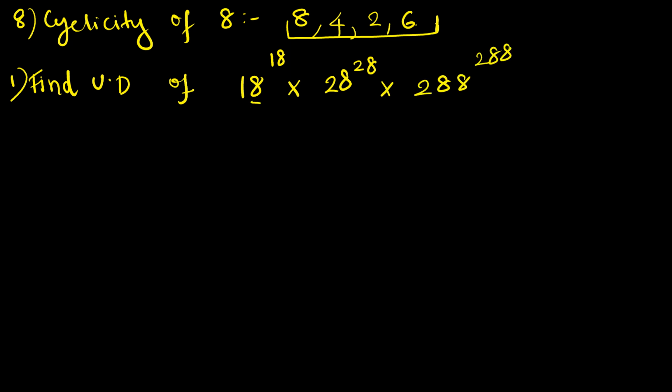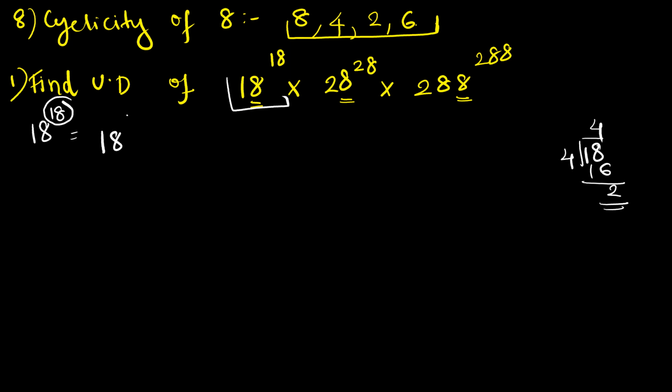Here all the unit digits are 8, so we'll use the cyclicity of 8. First take 18 raised to 18. Divide this power by 4, that is 18 divided by 4. Remainder is 2. Now replace this power by 2.